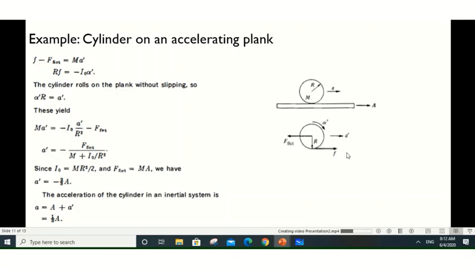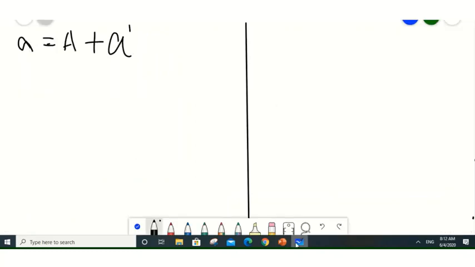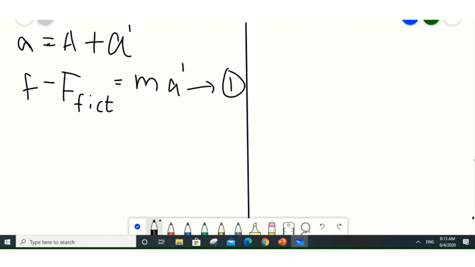So we have an equation of motion with respect to the frame fixed to the accelerating plank. We can write the equation of motion as f minus F fictitious is equal to ma dash. We can write this as equation 1.